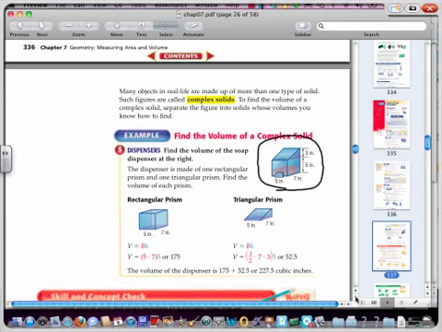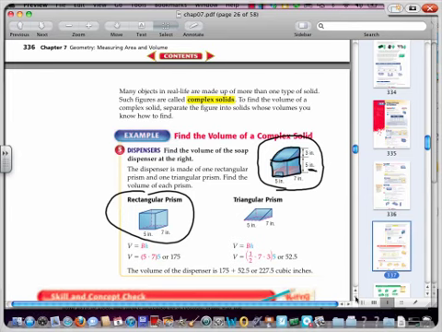So I've got my rectangular prism here. I've got my triangular prism up here. And so we're going to break that down into these two separate ones. So here's my rectangular prism. It is 5 by 7. And so that's my base. It is also 5. They don't have it down there, but it's 5 inches high.